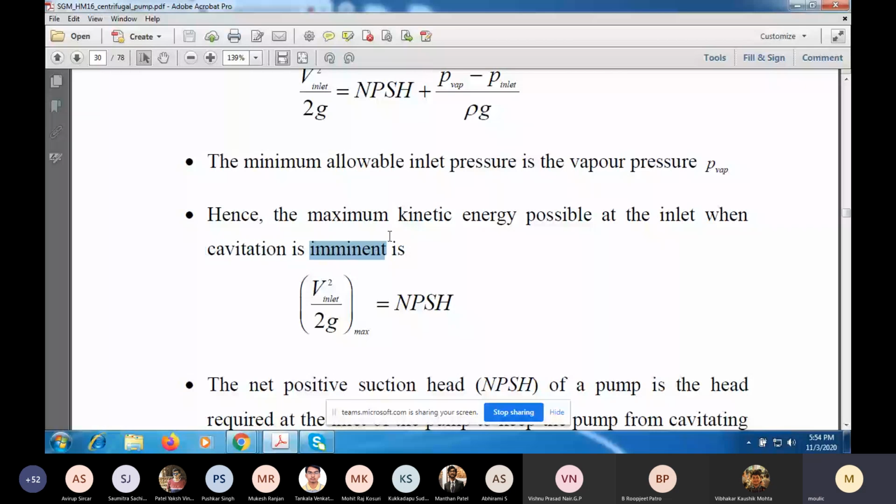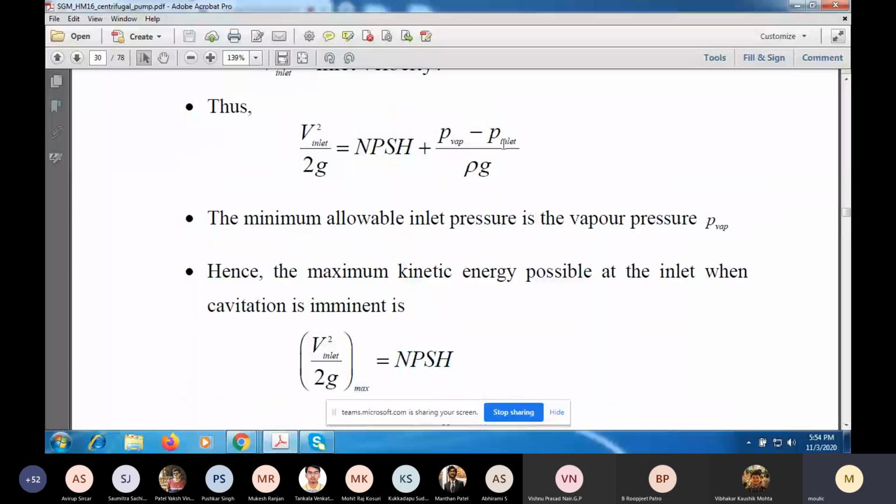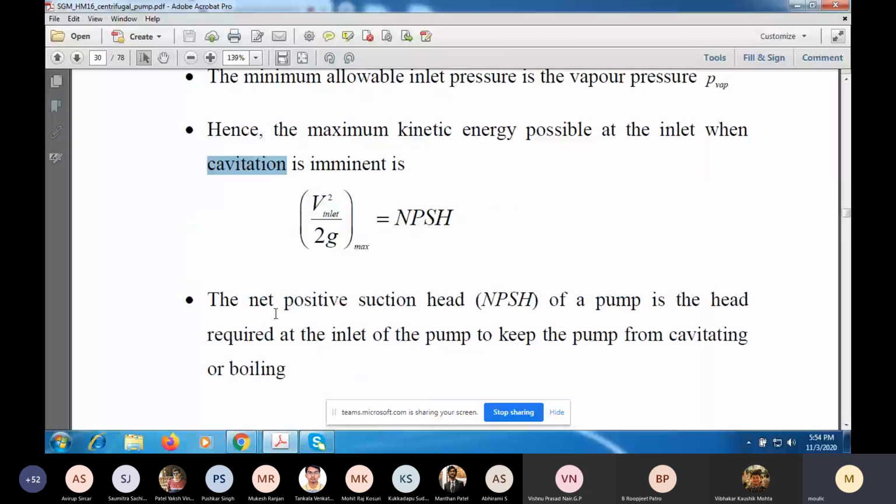V inlet squared by 2g maximum value is NPSH. Now if P inlet is larger than P vapor, this will be a negative quantity. Okay, so the inlet velocity will be less than this value when cavitation is imminent. So the net positive suction head is the head required at the pump inlet to keep the pump from boiling.